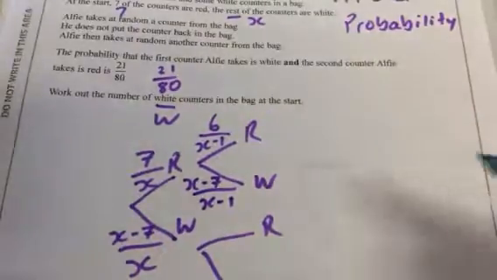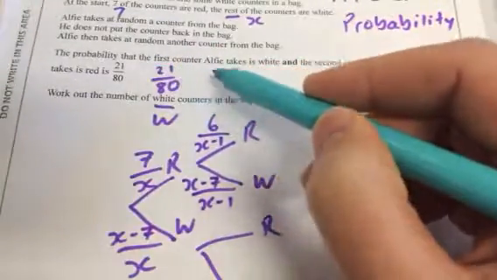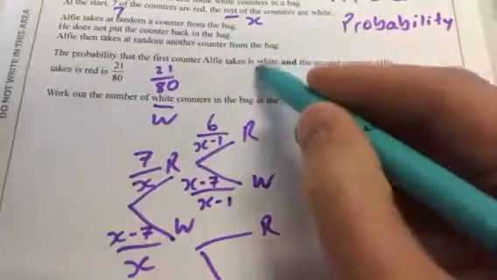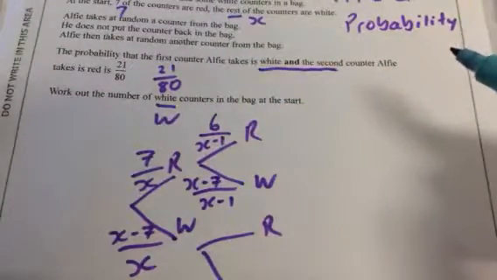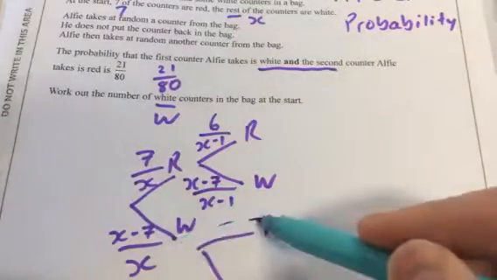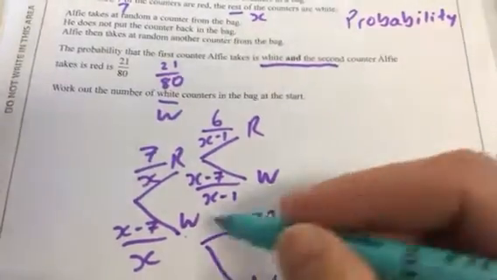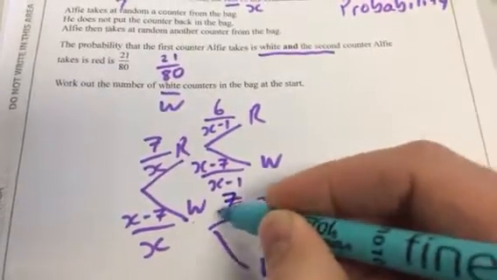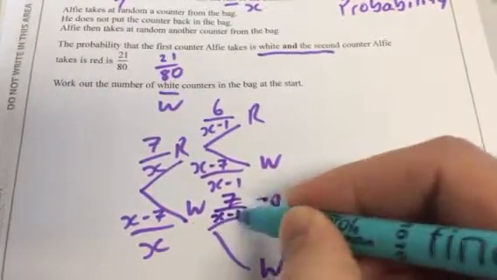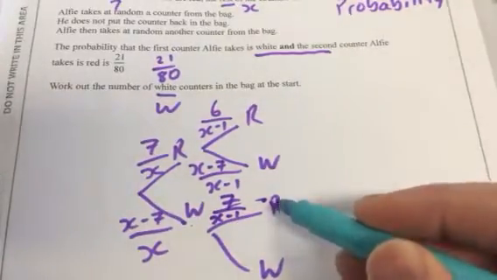Now they've told us here the probability that the first counter Alfie takes is white and the second is red would be going down white and then red. So we need to work out this one here. He hasn't taken a red one, so there's still 7 and it's out of X minus 1. So this is the only route we need to worry about.